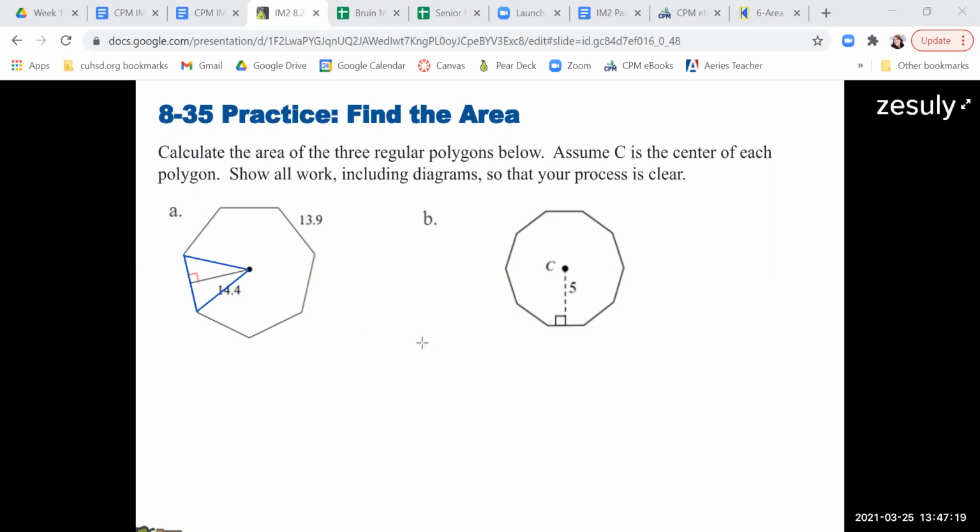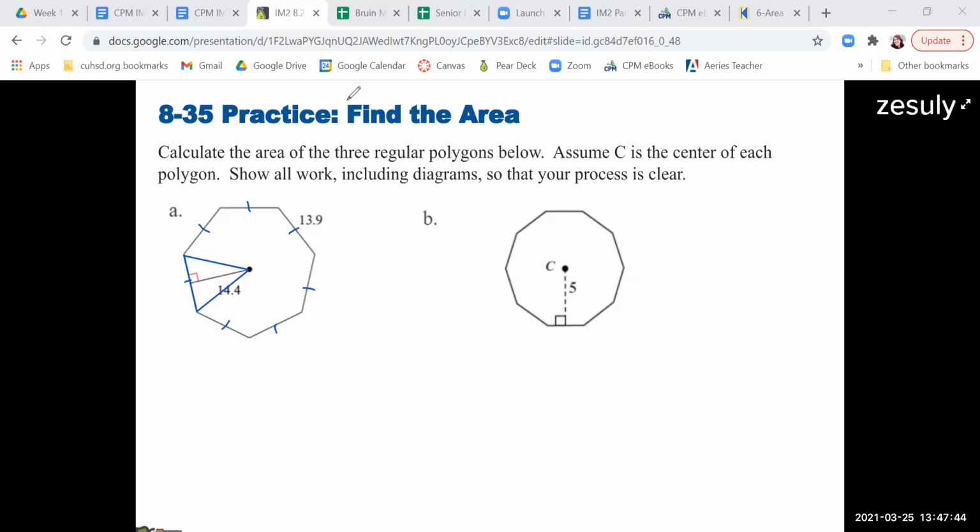And if we count all the way around, you can actually see we have this one triangle, then, so there's 1, 2, 3, 4, 5, 6, 7 triangles. So in the end, we're going to find the area of the triangle I outlined in blue, and then we'll times by 7.